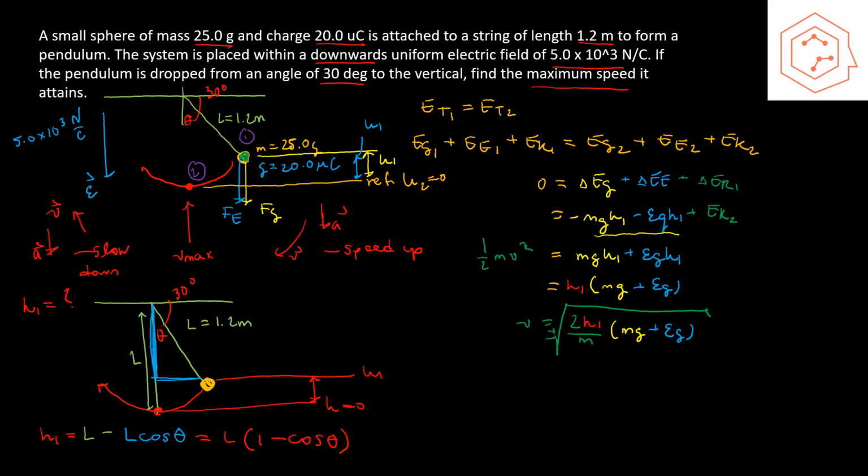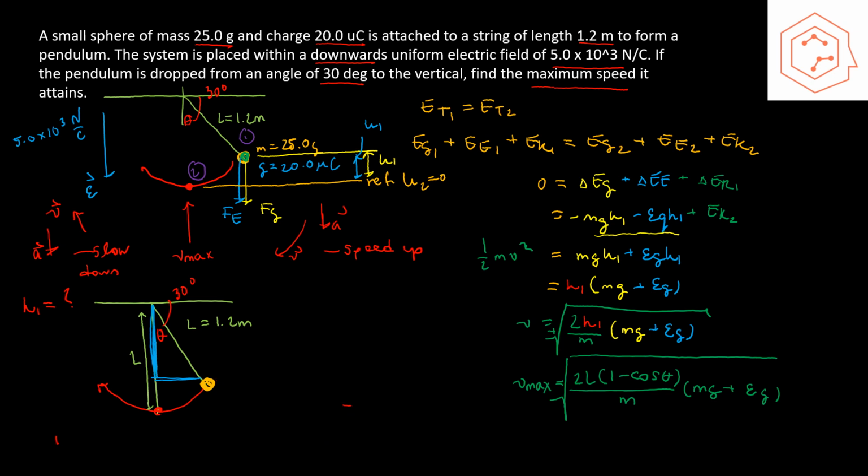And so if you plug in, your maximum velocity is equal to 2 times L, 1 minus cos theta, all divided by m, times mg plus EQ, square root. I'll erase this to get more room for when we actually substitute.